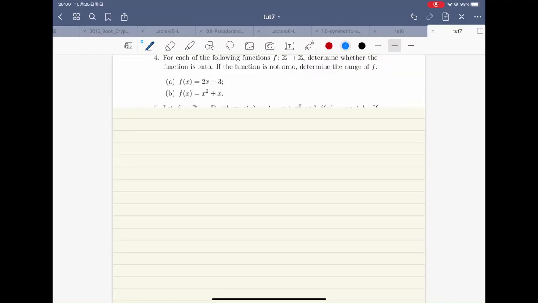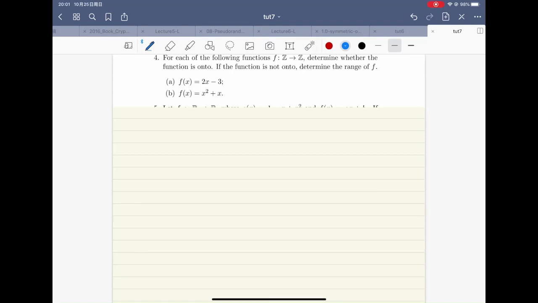Question 4. For each of the following functions f that maps from the integers to the integers, determine whether the function is onto. If the function is not onto, determine the range of y. By the definition of onto, for any value in the range, you can find a value in the domain that maps to it.